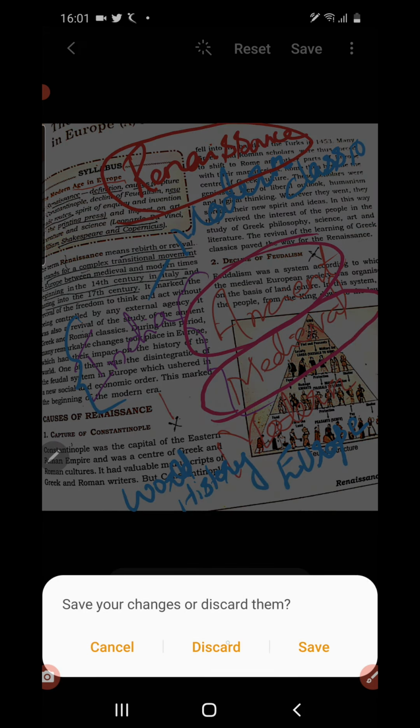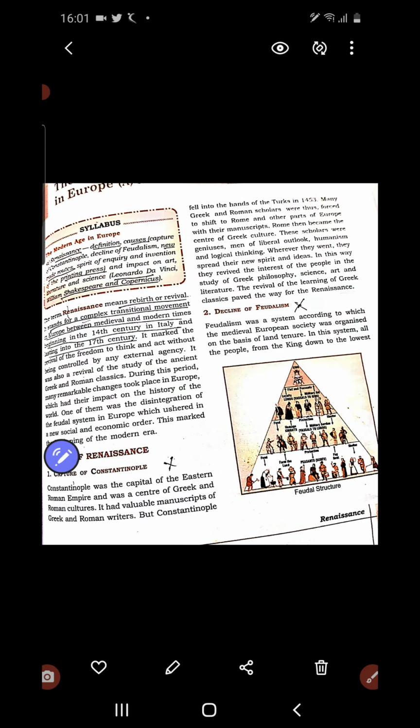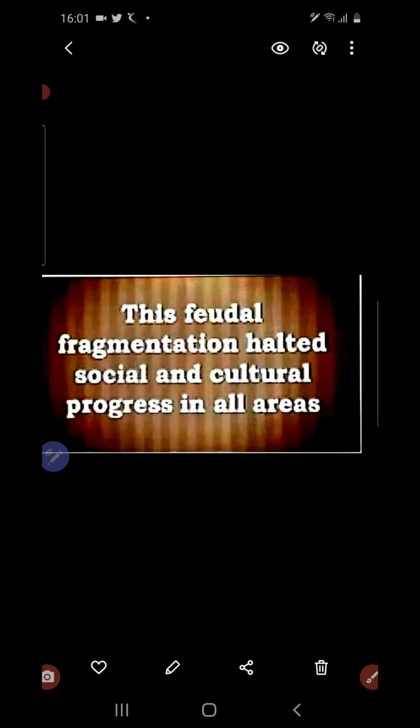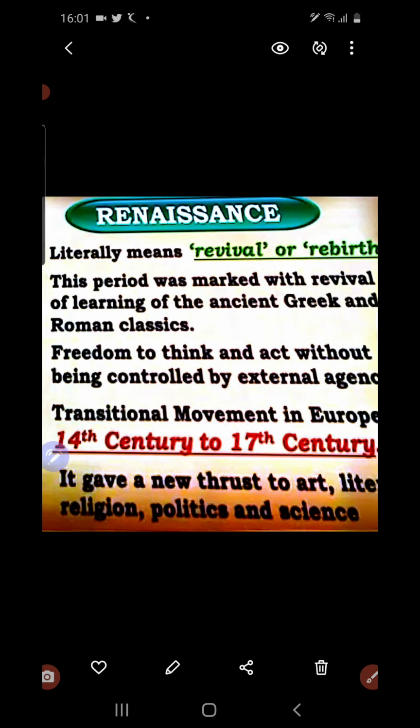Children, you know that the term Renaissance is a Latin word. So what is the meaning of this Latin word Renaissance? It means rebirth or revival. You can see here the literal meaning of the term Renaissance is revival or rebirth.